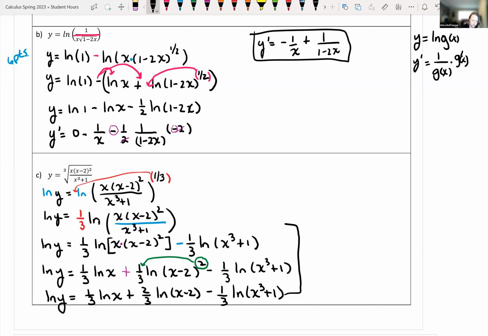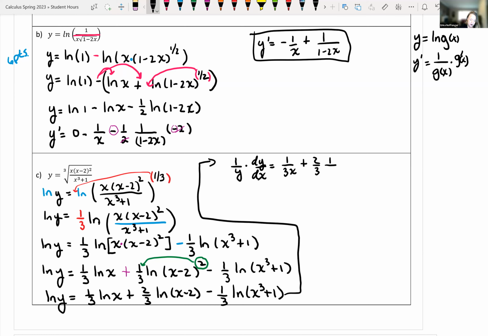Okay, so now we're going to use implicit differentiation to take the derivative of both sides. So taking the derivative of the natural log of y, well, that's 1/y times dy/dx. This is equal to, taking the derivative of the other side, the derivative of 1/3 natural log of x is 1/(3x) plus 2/3 times the derivative of the natural log of x minus 2.